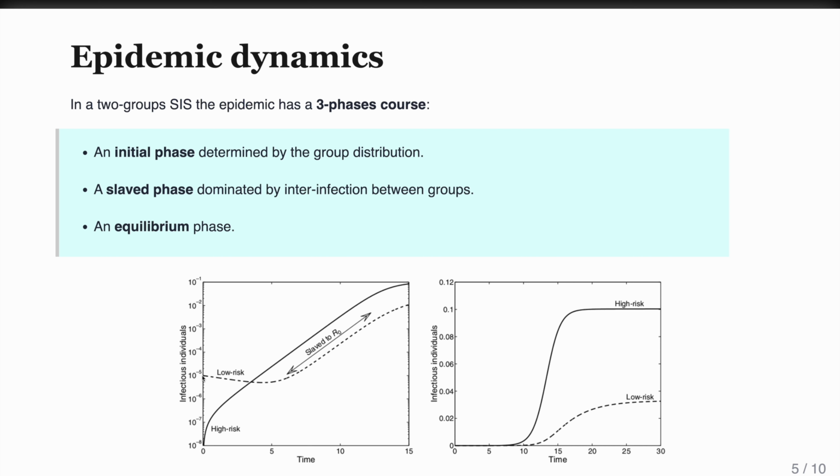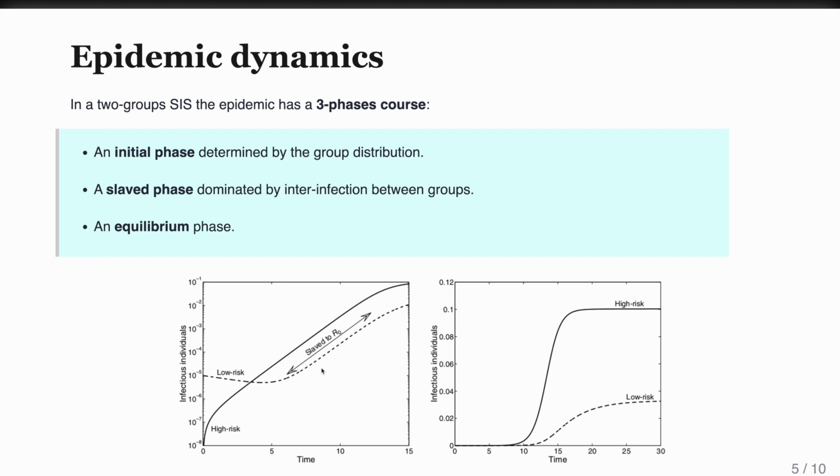But in the low-risk group, we instead observe a decrease in the number of cases. This is expected because the low-risk group has an R naught which is lower than 1, and the high-risk group has an R naught which is higher than 1. We will see an example later. But after a while, we can see that both trajectories start to become correlated. What is going on here?